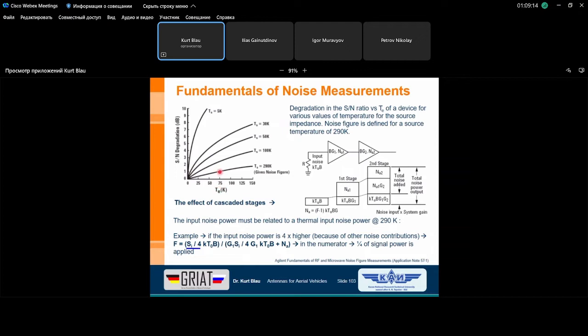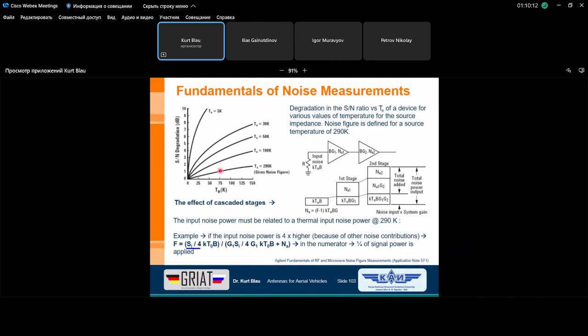Means if we increase the temperature of the real part of the source impedance from 290 to a value which is 75 Kelvin higher, it's 365 Kelvin totally, then our device has an output signal to noise ratio of 1 with this equivalent noise temperature of 75 Kelvin.